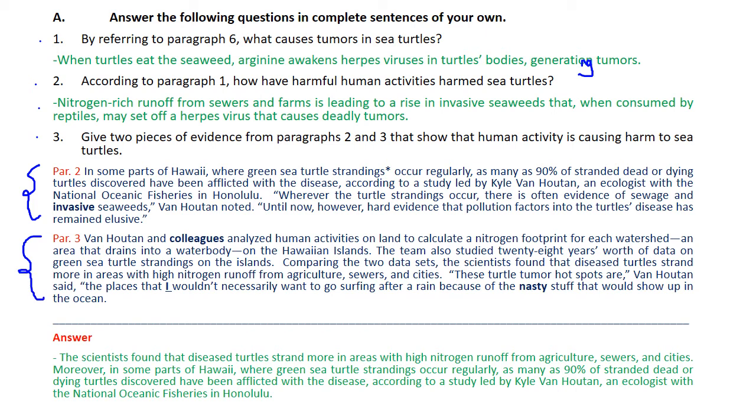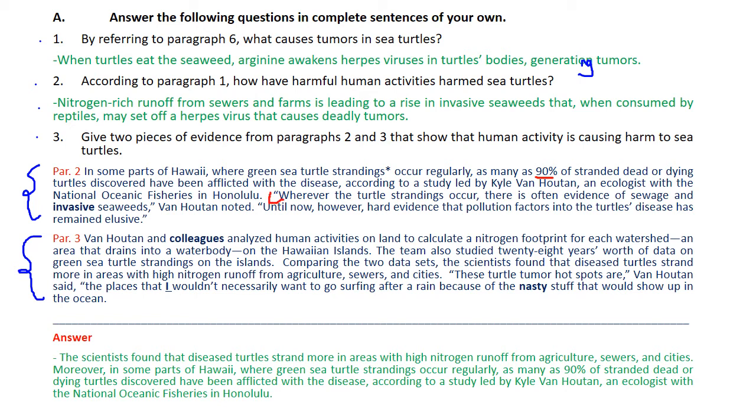In some parts of Hawaii where green sea turtle strandings occur regularly, as many as 90% of stranded, dead, or dying turtles discovered have been afflicted with the disease, according to a study led by Kyle Van Houten, an ecologist with the National Oceanic Fisheries. Wherever the turtle strandings occur, there is often evidence of sewage and invasive weeds.